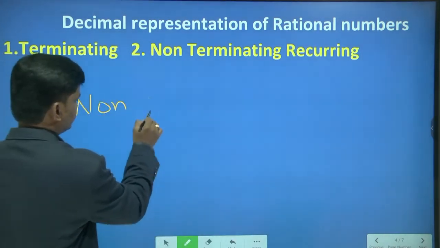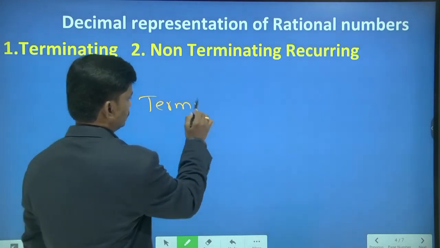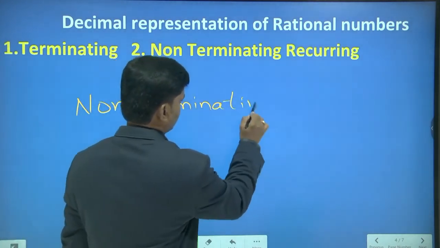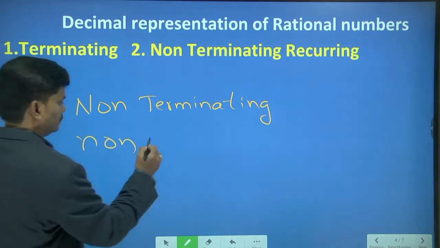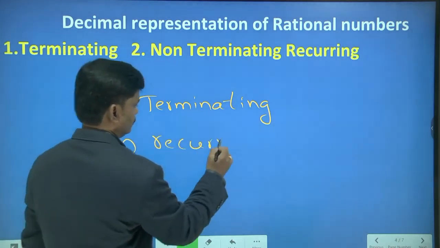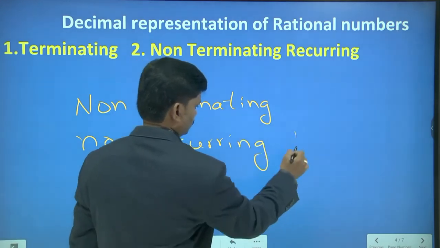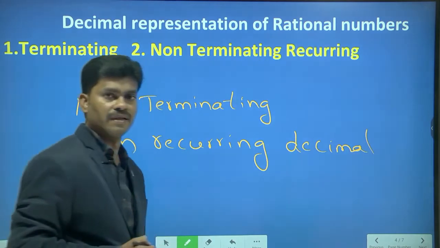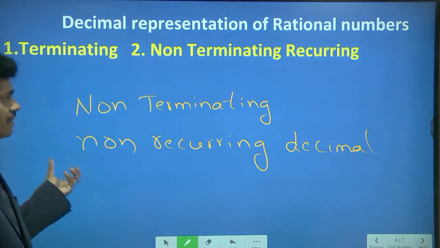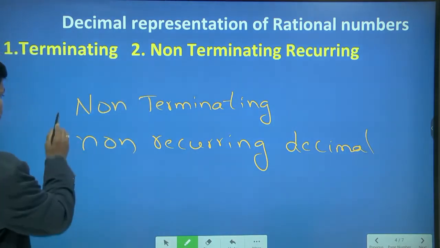Non-terminating, non-recurring decimal. Non-terminating, non-recurring decimals are called irrational numbers.